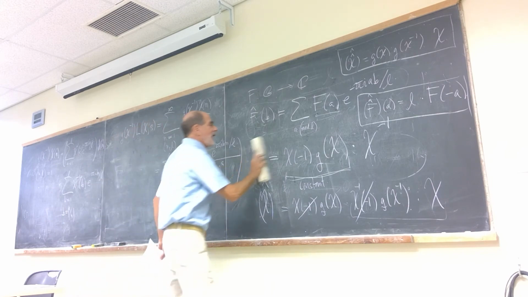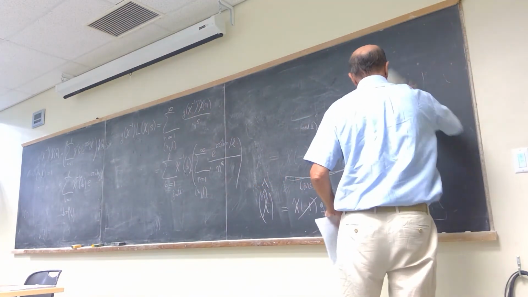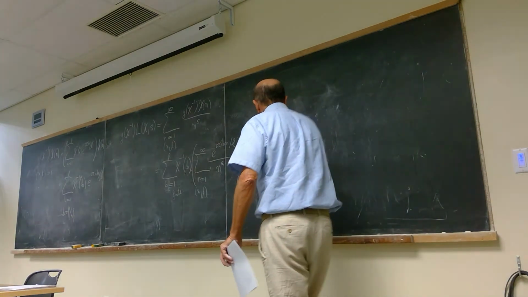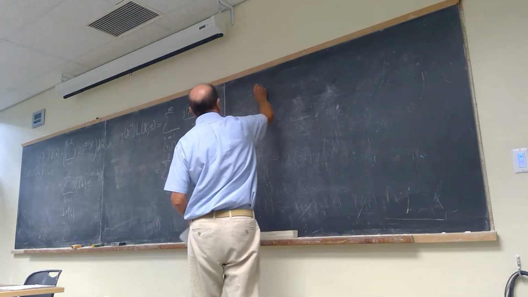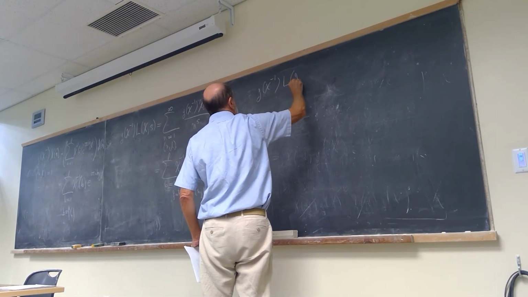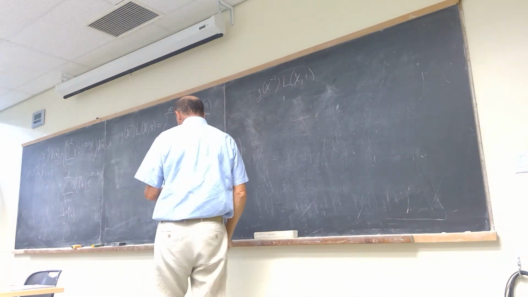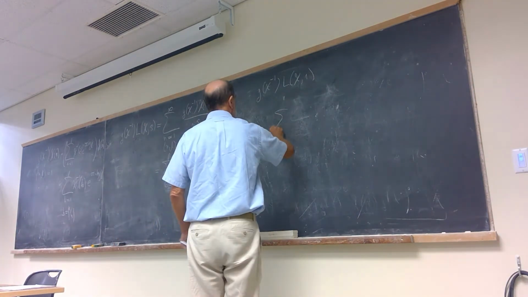Okay, what's so good about that is now we put S equal to 1, and we see what we get. So G of chi inverse times L of chi, 1 is equal to, well, we have this sum, chi inverse of b.